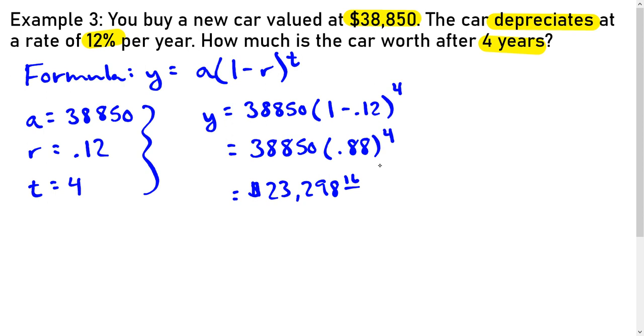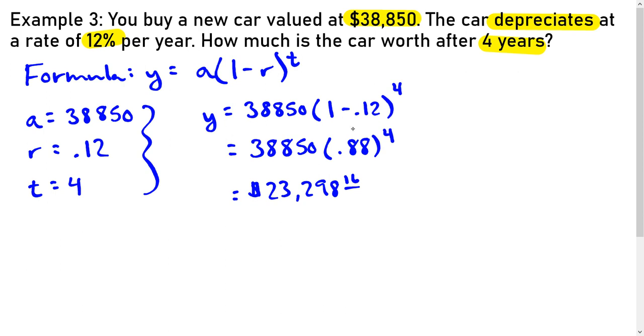Now, the one thing that I do want to show you guys is the other reason that you can tell that this is depreciation. When you look at what's inside the parentheses here, this 1 minus 0.12, we simplify it and we get 0.88, okay? That means that each year the car is only worth 88% of what it was worth in the previous year.